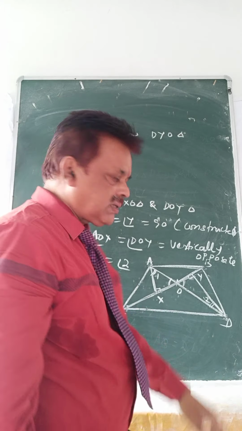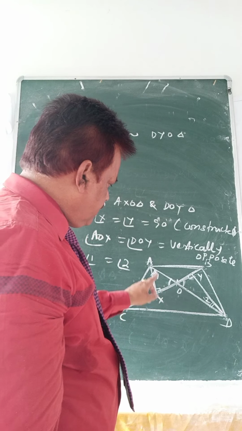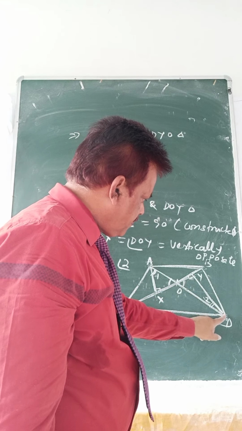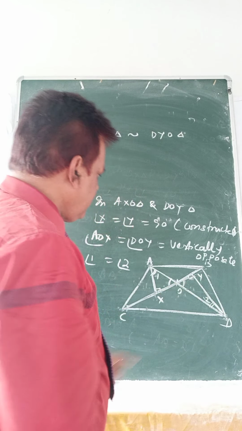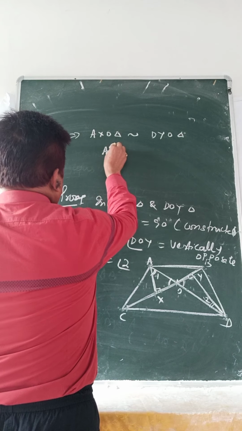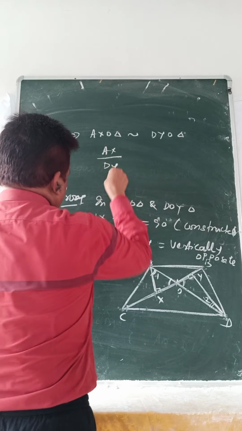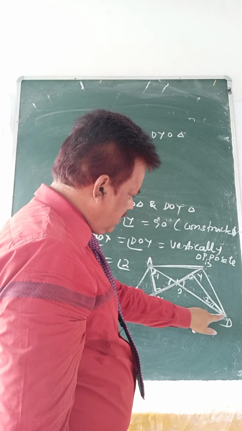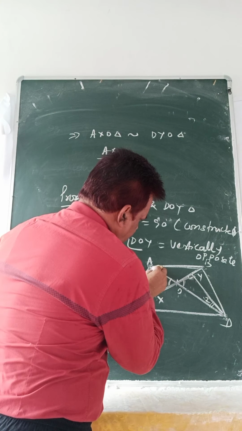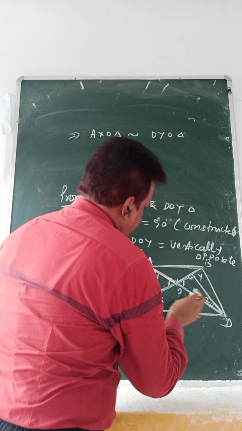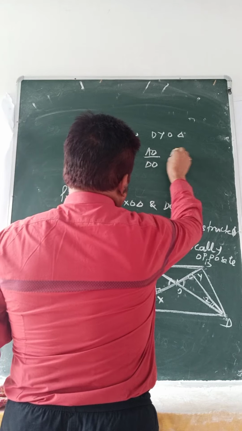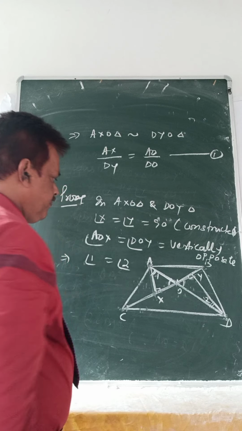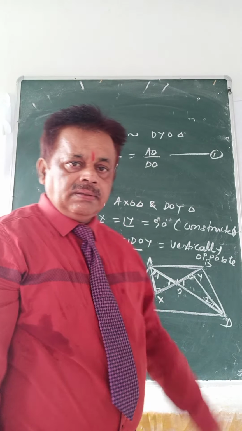When two triangles are similar, the ratio of the corresponding sides is proportional, means AX by DY equals AO by DO. Equation number 1. We got one relation here.